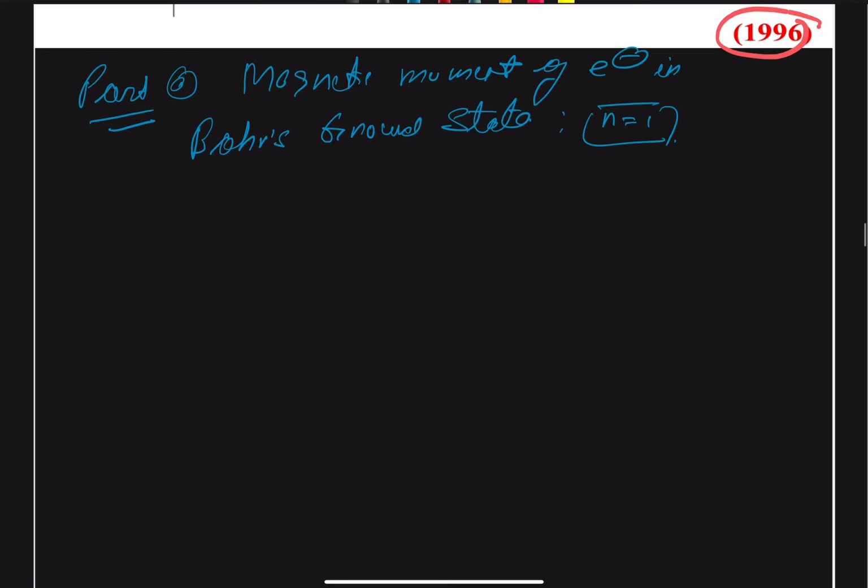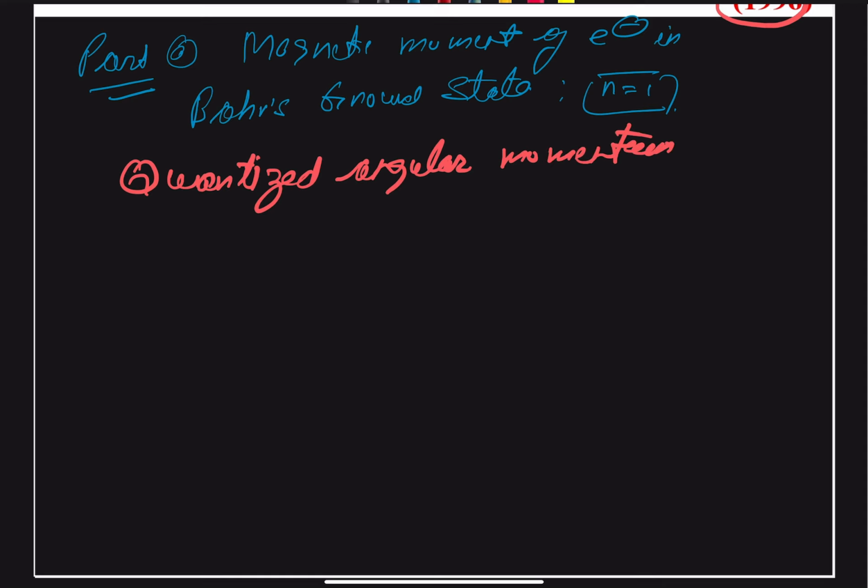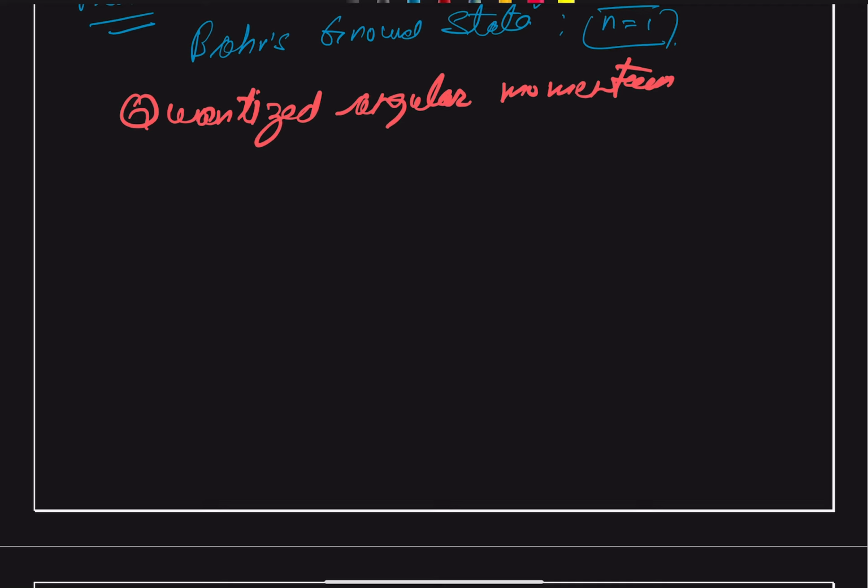So we can write that your quantized angular momentum gives us that mvr is equal to h upon 2 pi.